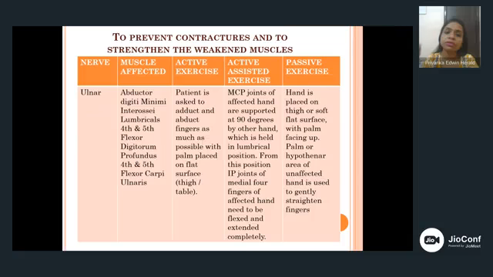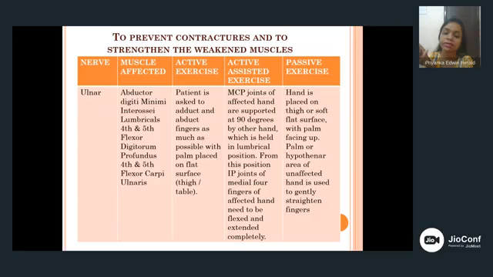So simply, if the patient is fine and able to do the exercise, we ask the patient to adduct and abduct his fingers on a flat surface. We ask the patient to place the palm on a flat surface, and abduct and adduct the fingers as often as possible. For active assisted, the MCP joints are flexed and supported at 90 degrees by the other hand, and only the IP joints are flexed and extended.